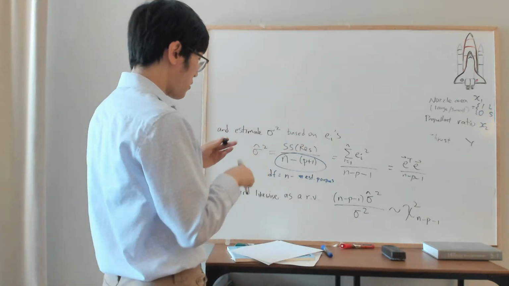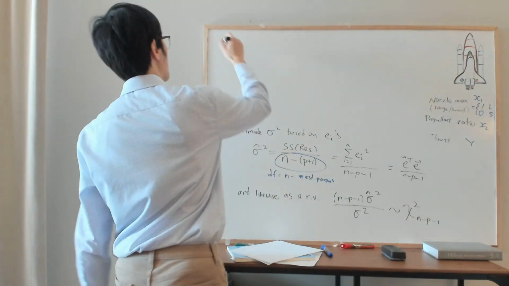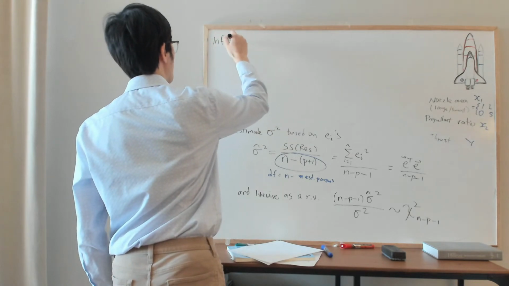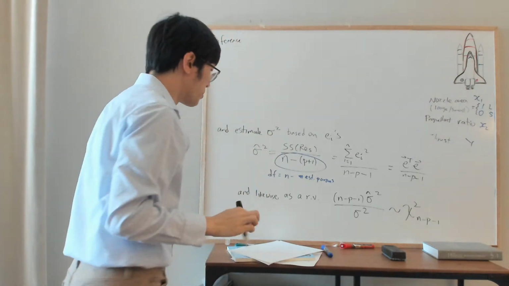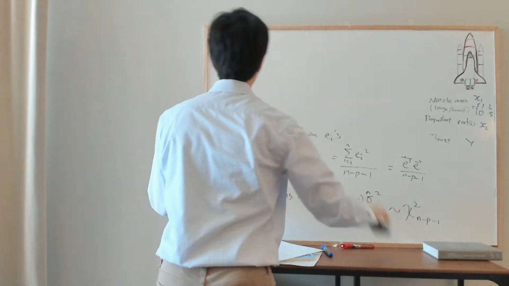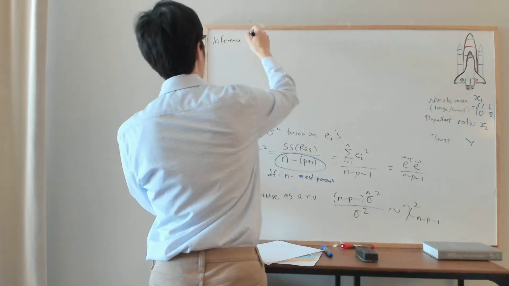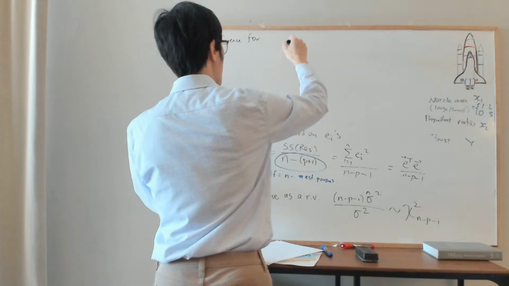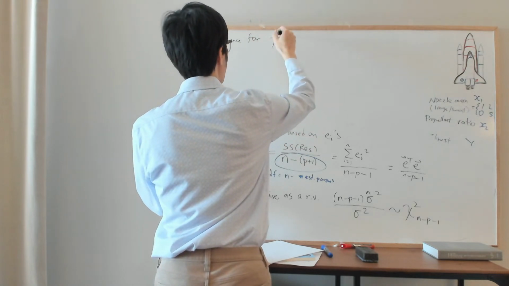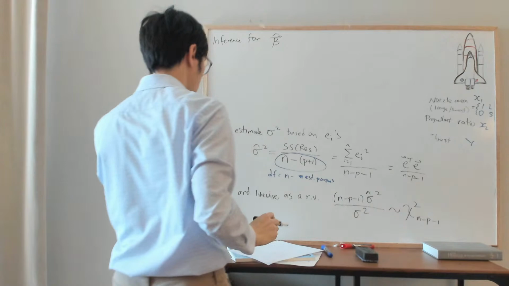Okay, so we have our estimates for beta. Our next step is to look at inference, specifically the inference for the estimate beta hat.